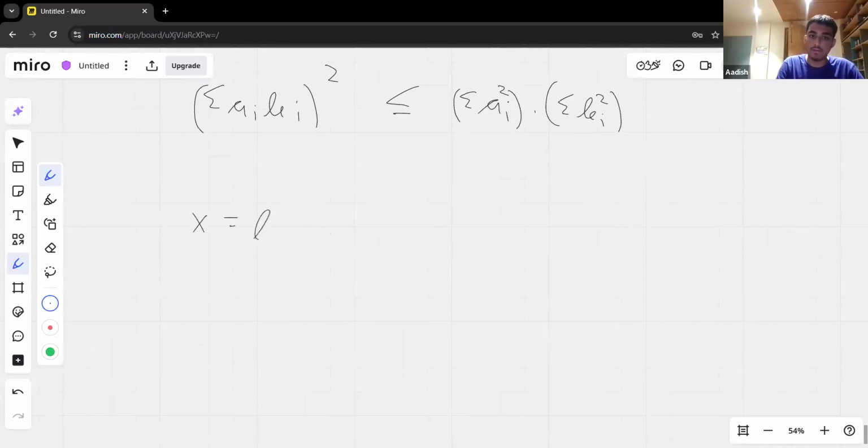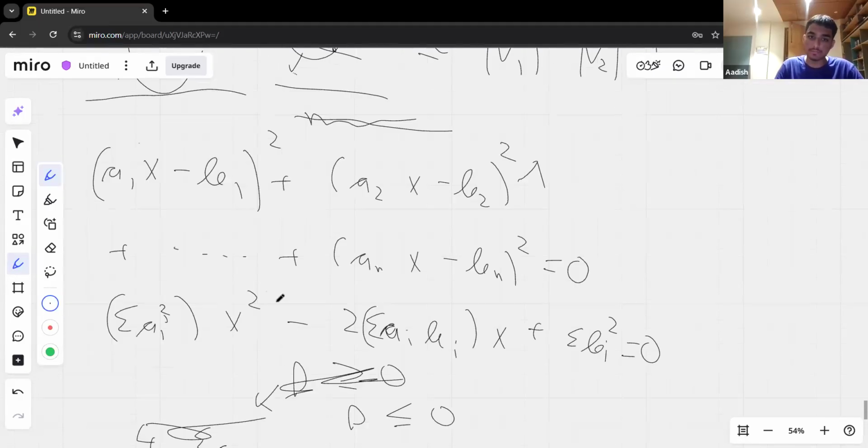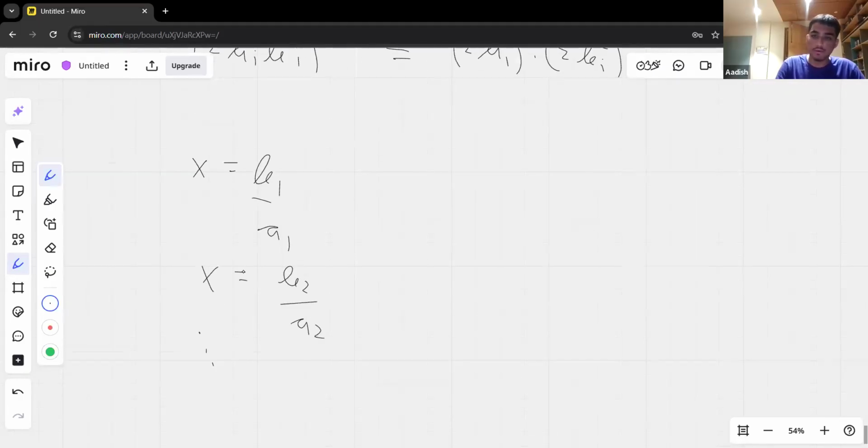So x has to be equal to b1 by a1. x also has to be equal to b2 by a2. x has to be equal to all of them, right? Every single thing has to be 0. So b1 by a1 equals b2 by a2 equals b3 by a3 and so on. This is when equality holds.